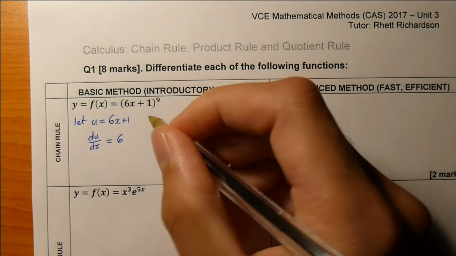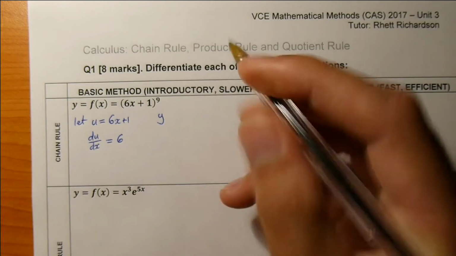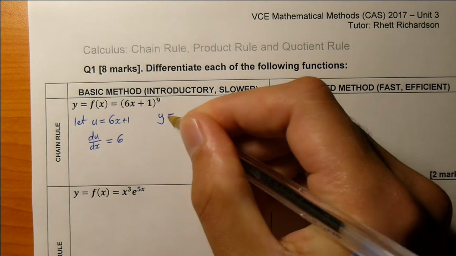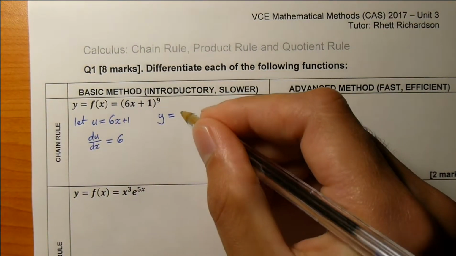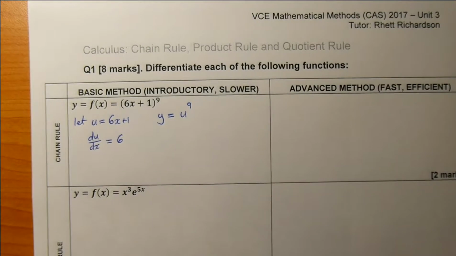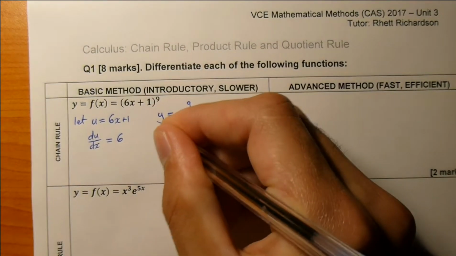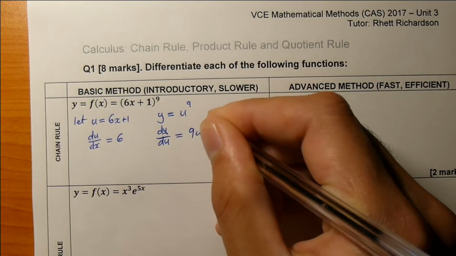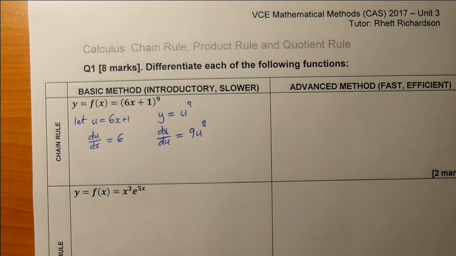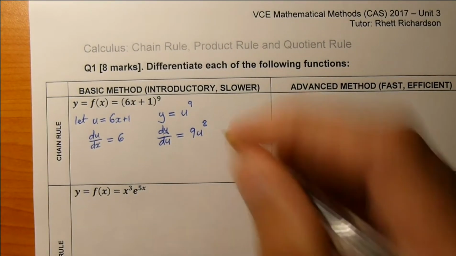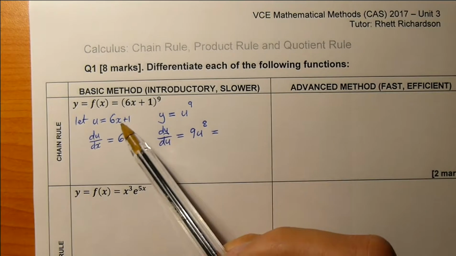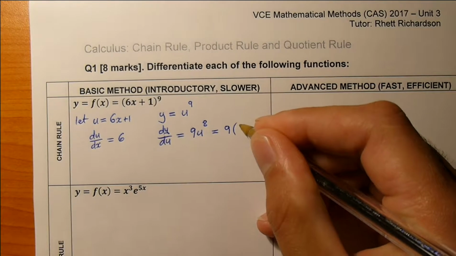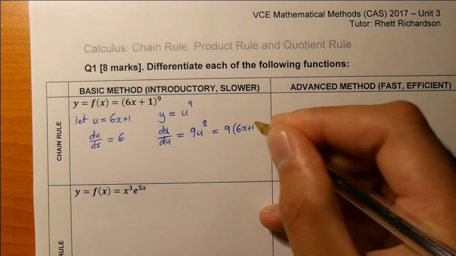Now, because I let u equal 6x plus 1, I can rewrite y as simply u to the power of 9. Now I can work out dy/du, which is 9u to the 8, and substituting it back in, remember u is 6x plus 1, I get 9(6x plus 1) to the power of 8.